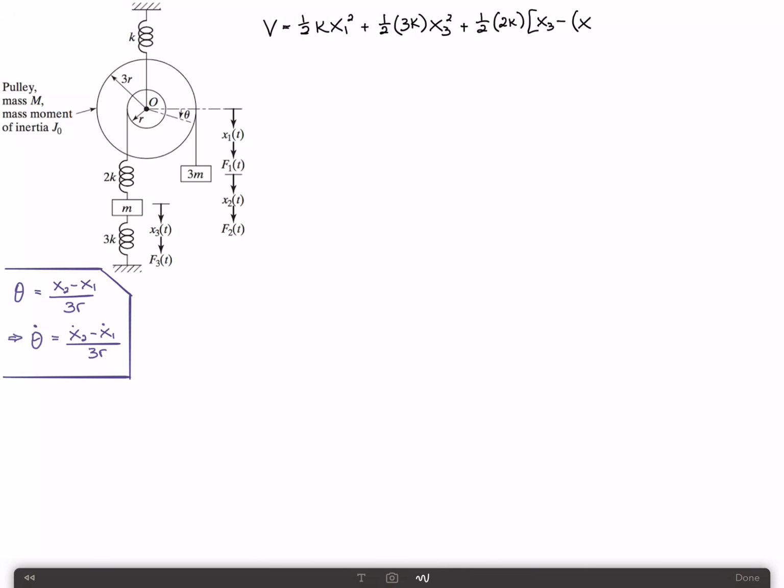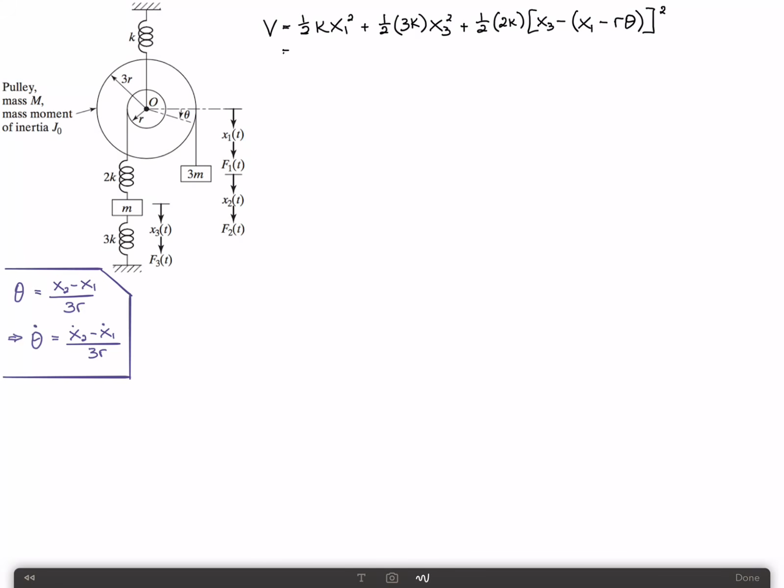Let me write that out. x3 minus (x1 minus r theta), and that quantity is squared. Why x1 minus r theta? Because x1 causes the spring to move in that direction. R theta causes the spring to move in the opposite direction, and that's why we have the negative sign. And by subtracting the two, we get the actual deflection of the spring.